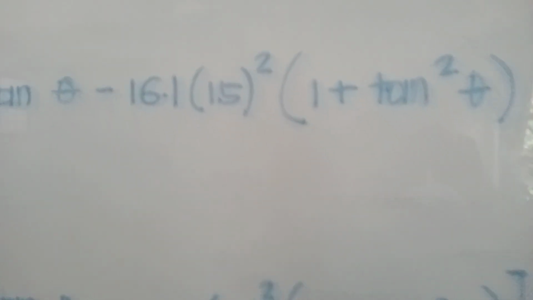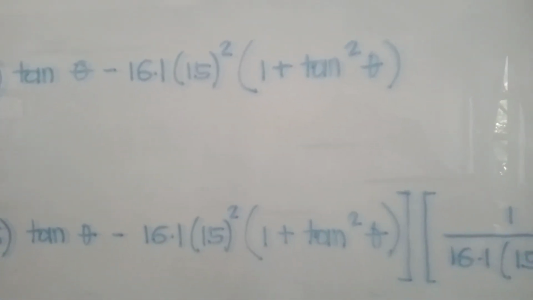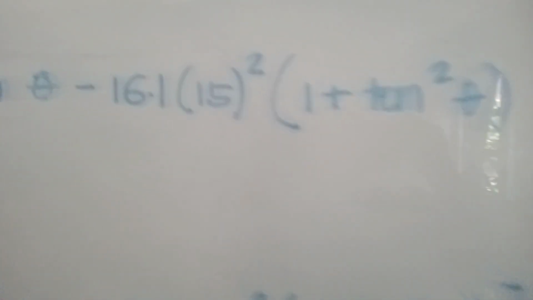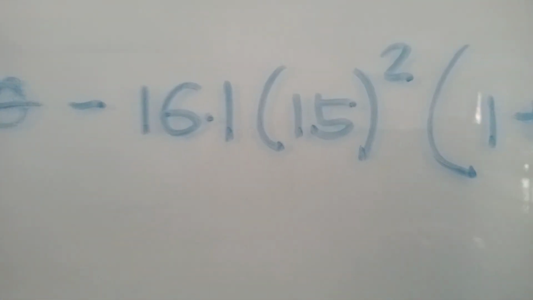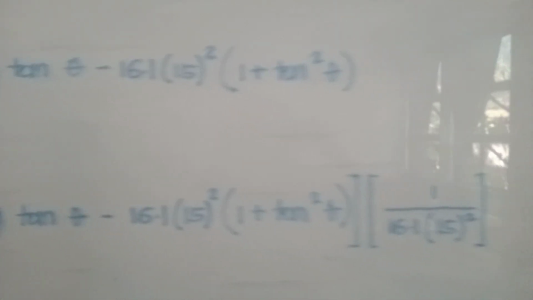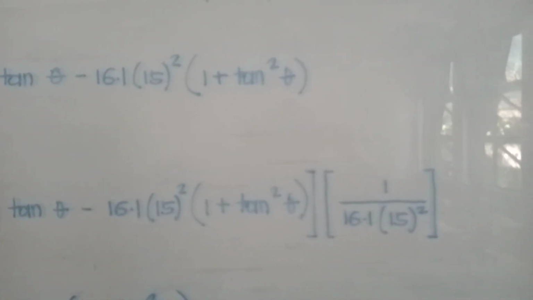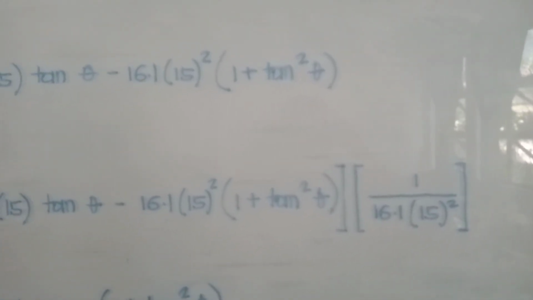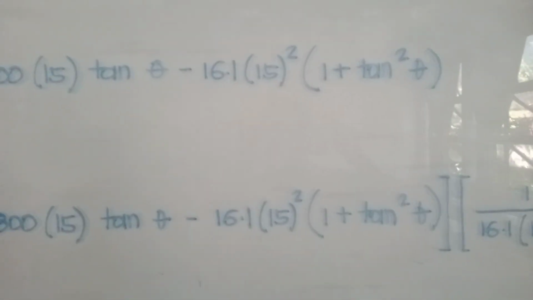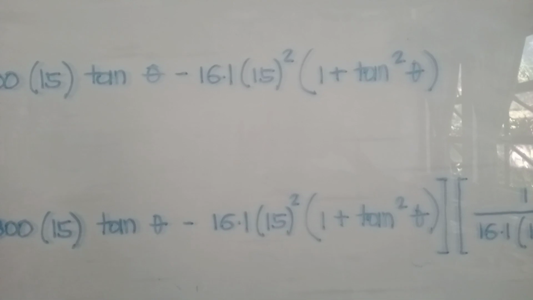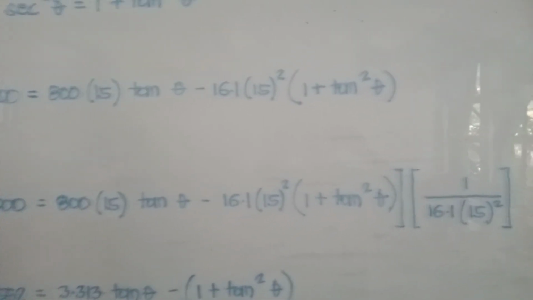You can actually do it your way without dividing everything by this particular expression. But for me, the quadratic equation can easily be processed if your a, which is the coefficient of the first term, is 1.